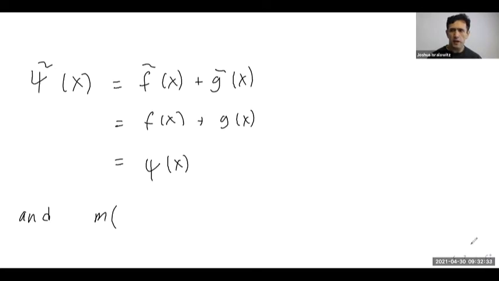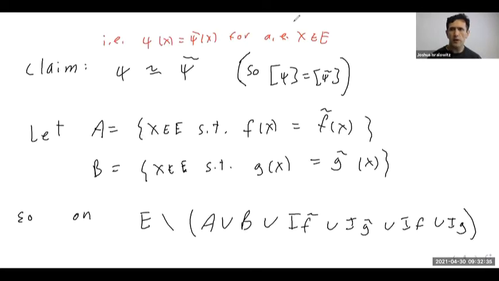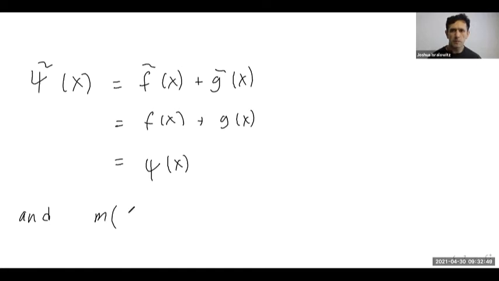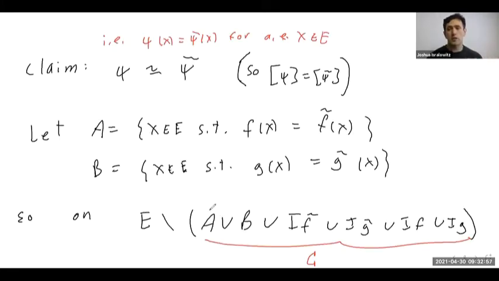So I don't want to write this whole thing, let's just call this union of 6 sets C. It's just going to be 0 because all of these have measure 0.